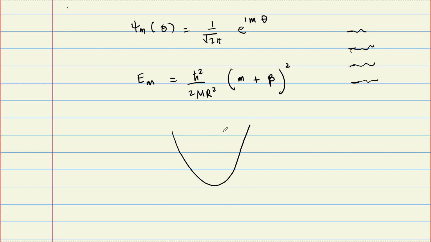So this is E0, and this is beta, and for beta equal to 0, I have a parabola, for m equal to 0.